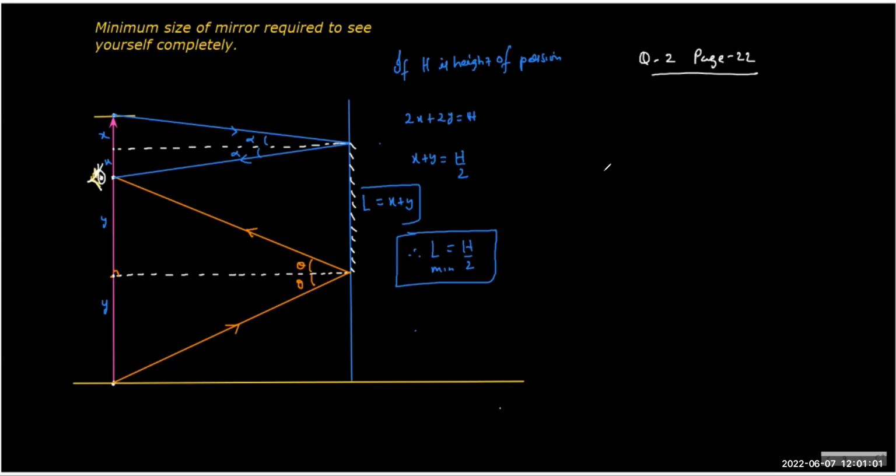A plane mirror is 50 centimeter long, with its lower edge 50 centimeter above the ground.